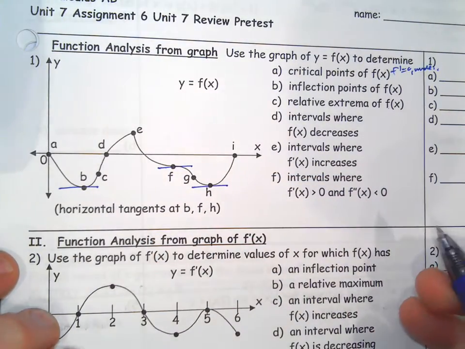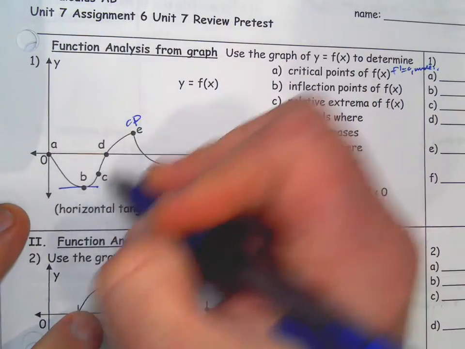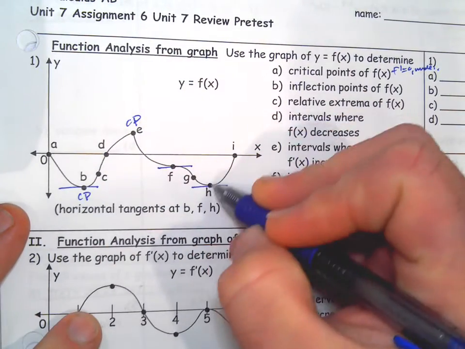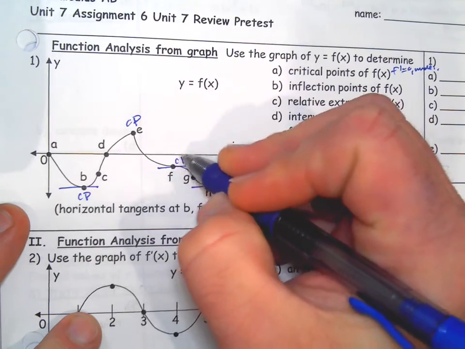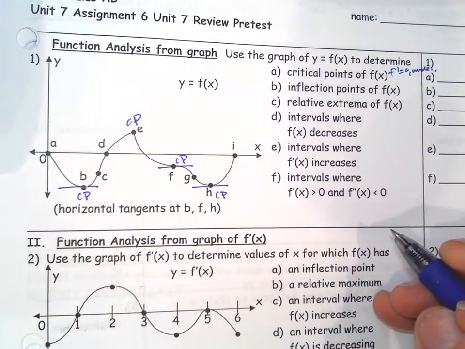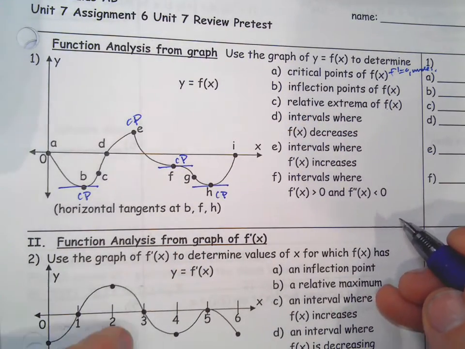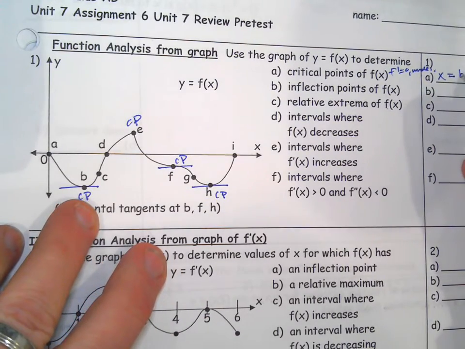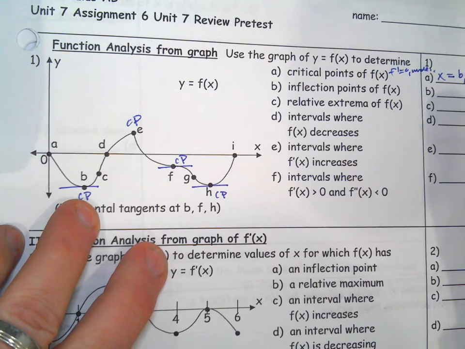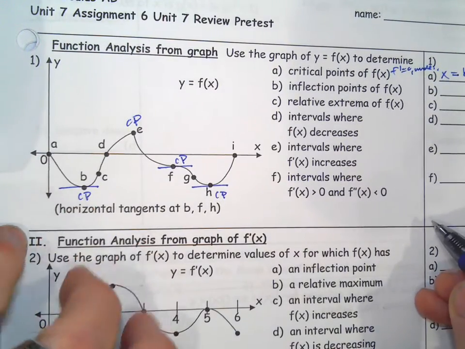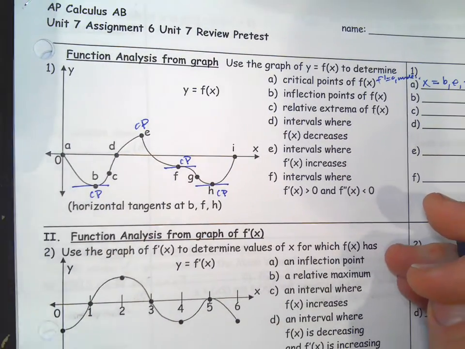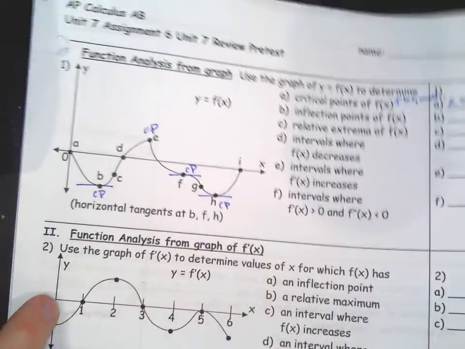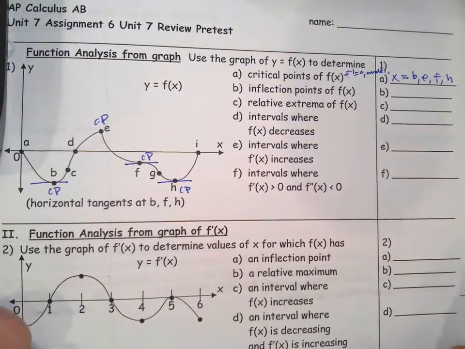So those are all, but also any sharp peaks or valleys will be critical points. So x equals B, E, F, H.